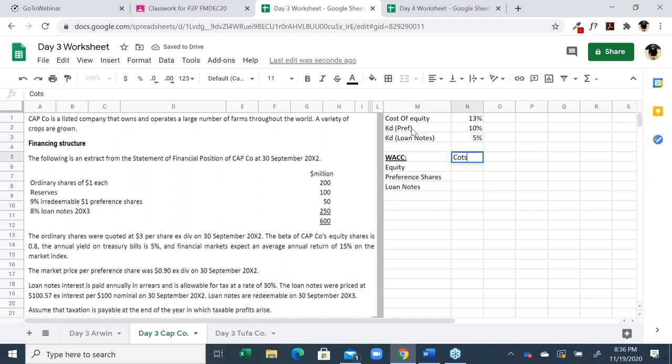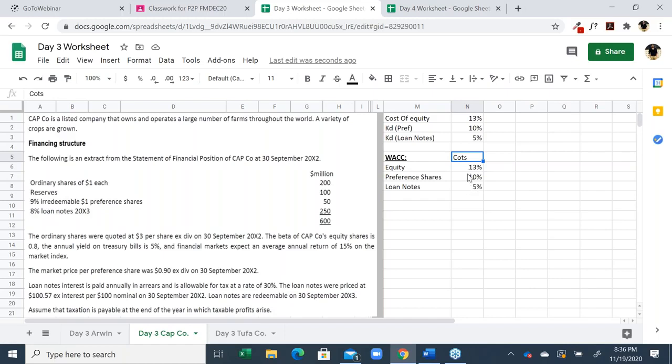And their costs were, let me copy these three figures and paste them here, right? Now, we need to calculate the weighted average of all of these different types of costs.